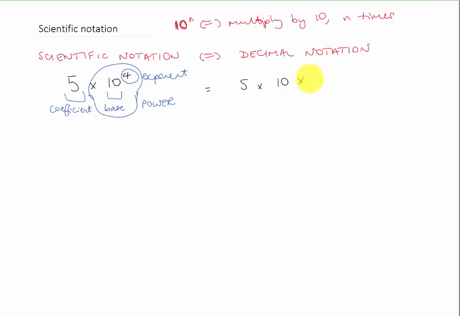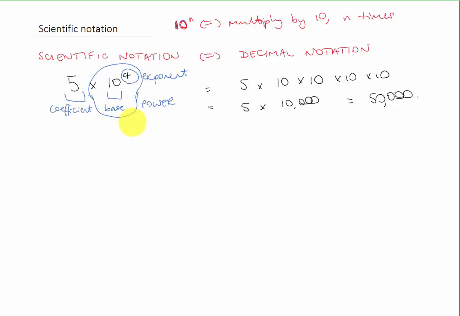So times 10 times 10 times 10 times 10. So that's the same as saying 5 times 10,000 or 50,000.